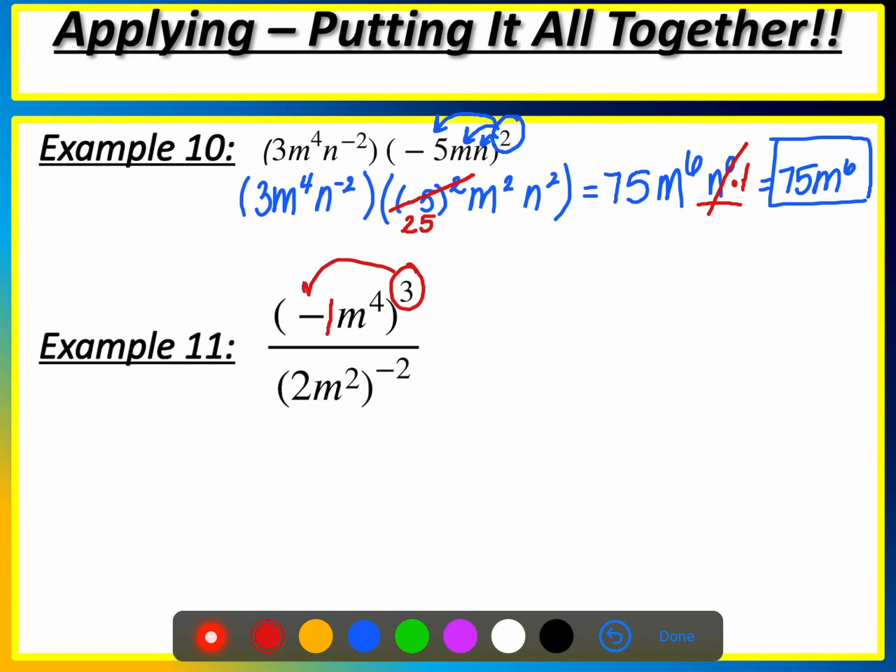That's really a negative 1, so that's a coefficient that also has to get raised to that power. And that 3 is not going to the denominator because the whole fraction is not in parentheses. The top and the bottom are each in their own set.